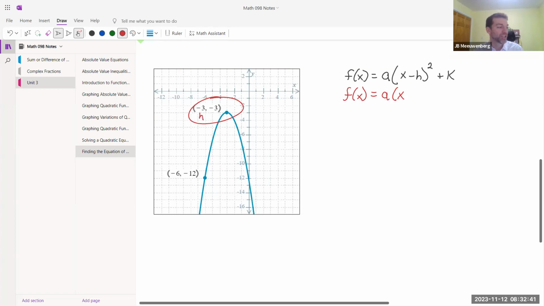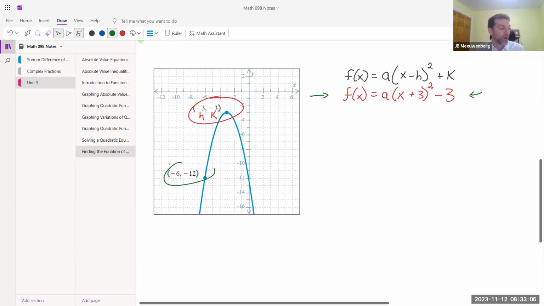This is h, and this is k. I'm subtracting h, and h is negative, so I'm going to have to change it to plus 3, x plus 3 quantity squared. K, I don't change. It's minus 3, so I'm going to write it as minus 3. Watch those signs.